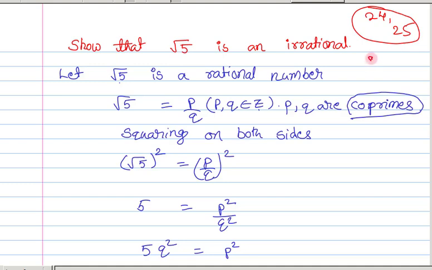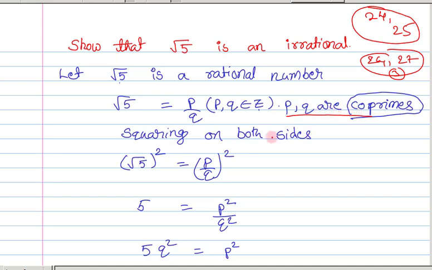In the same manner, take 24 and 27. 24 is 8 threes, and 27 is 9 threes. So these two numbers have a common factor 3 other than 1, so these are not co-primes. Here I am supposing that p and q are co-primes, meaning there is no common factor other than 1.